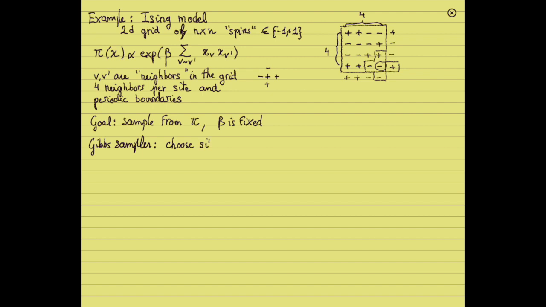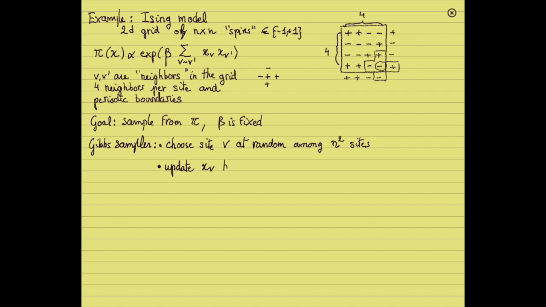So starting from a grid X, we will choose a site V at random uniformly, so uniformly among the n square sites that compose the grid. And we will update the spin at that location V. So we will put a plus or a minus there.